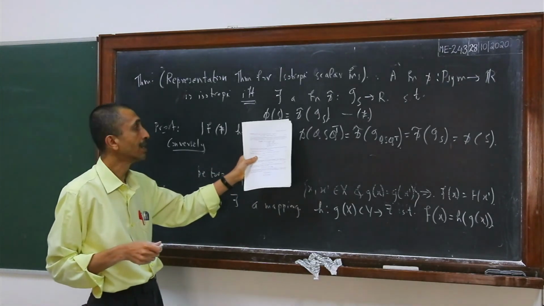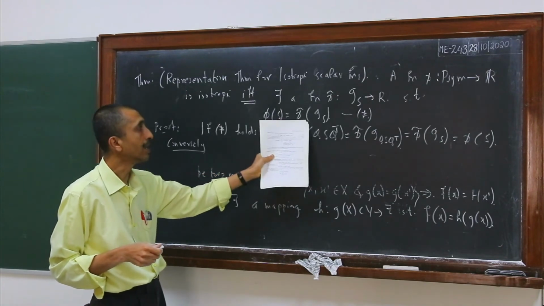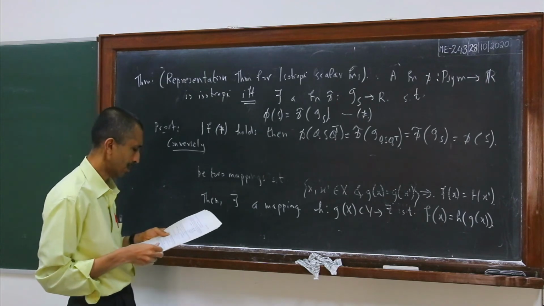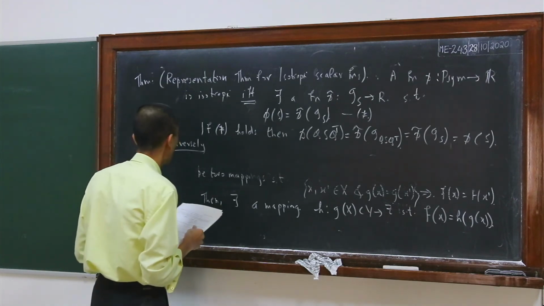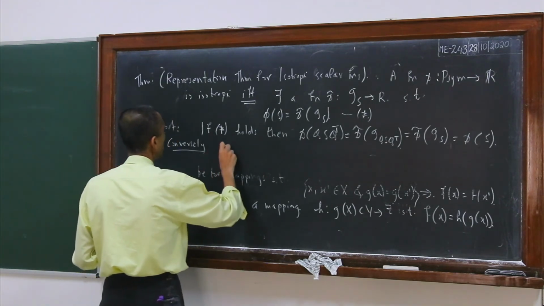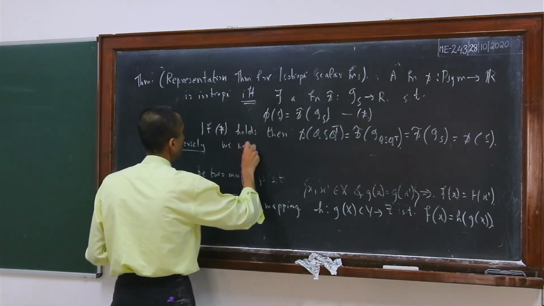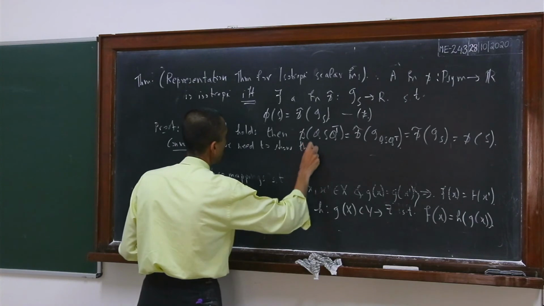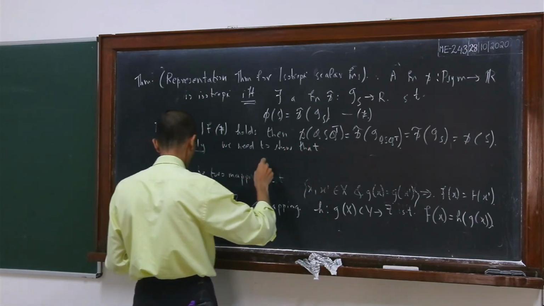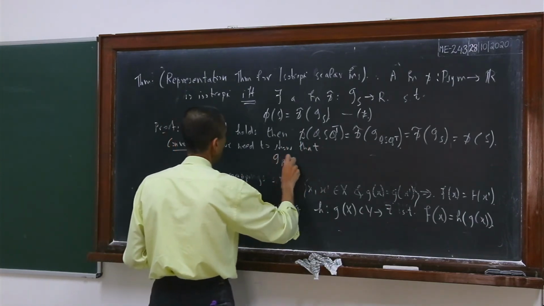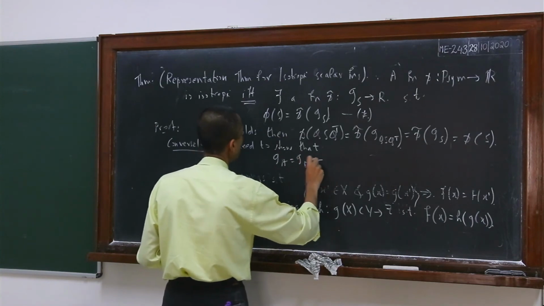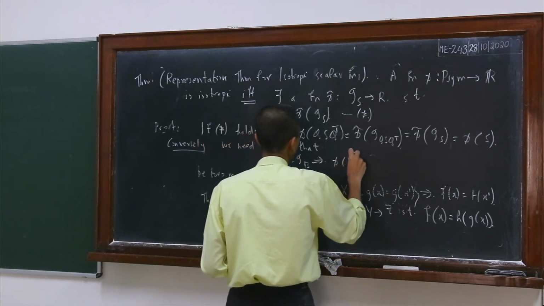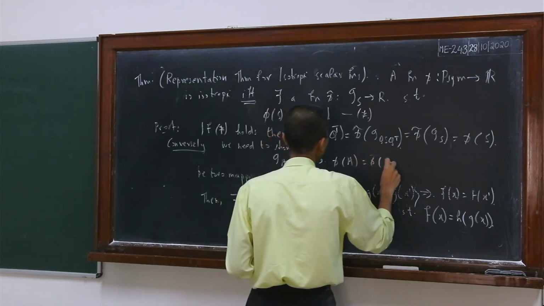That means there must exist a phi tilde, which is a function of the principal invariants of S. So conversely, we need to show that if invariants of A equal invariants of B, this implies phi of A is equal to phi of B.